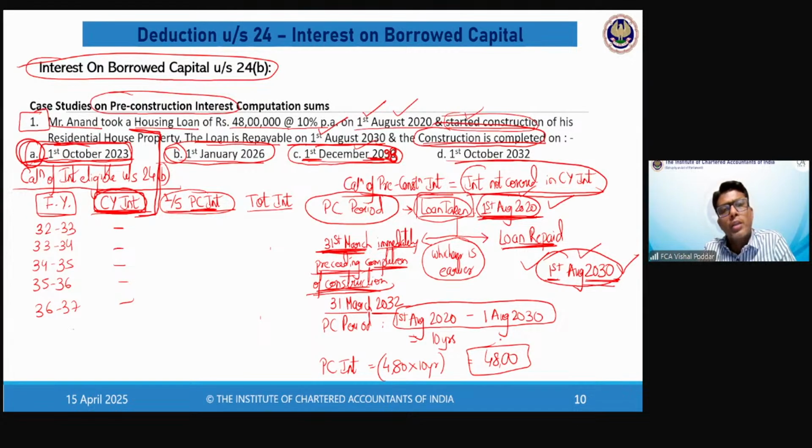Anubhav, why again are you saying total eligible interest for deduction is zero? Beta, the total eligible interest will come, the 1/5 of pre-construction that is coming. I am not exactly getting where you are going. Anubhav, tell me, will the 1/5 come here or not? Here 1/5 is coming, right? 960, 960, 960. Correct? So that is also your total. So how will it be zero, Anubhav?